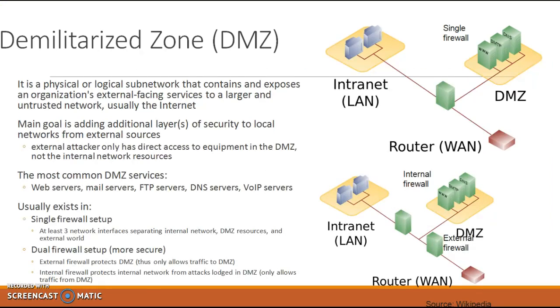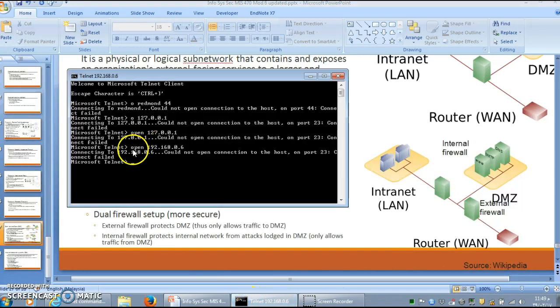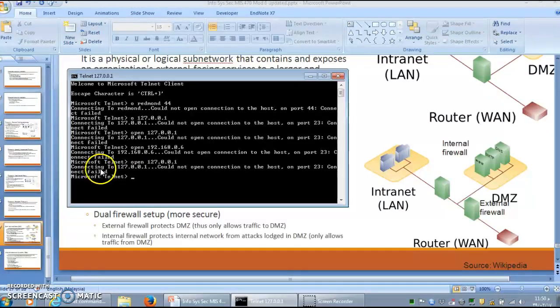Then we will go to the DMZ. Before going to the DMZ, I would like to show you about telnet. Last time I said connect just for understanding, but the actual command is open. For example, if I want to connect to someone like 127.0.0.1, it will go for the connection.